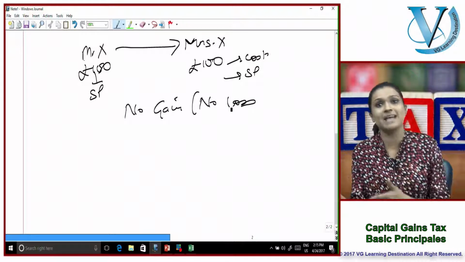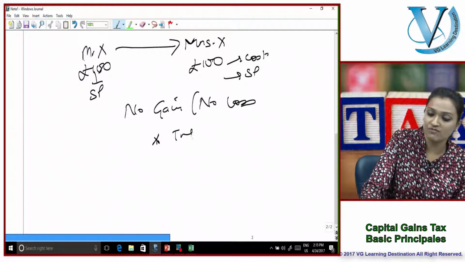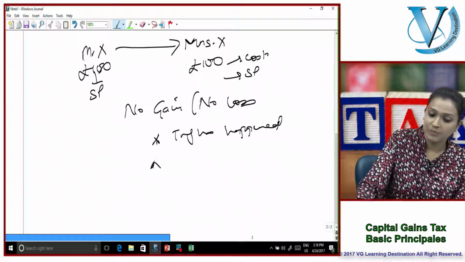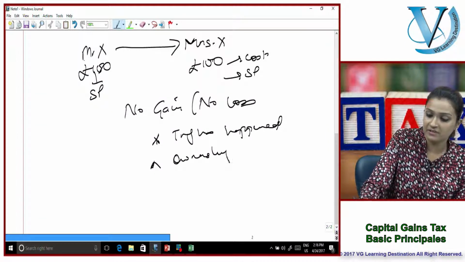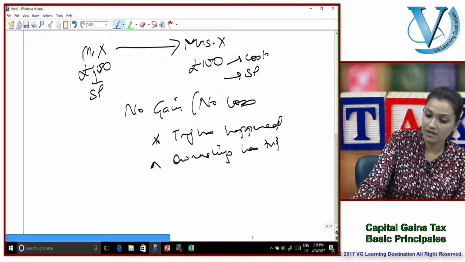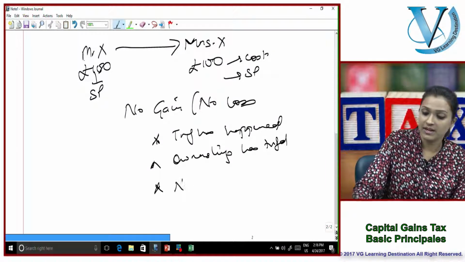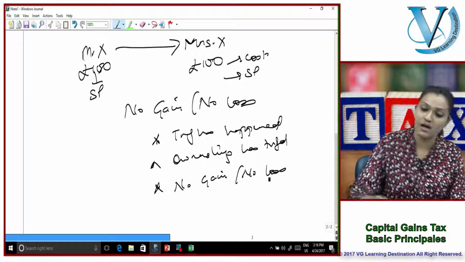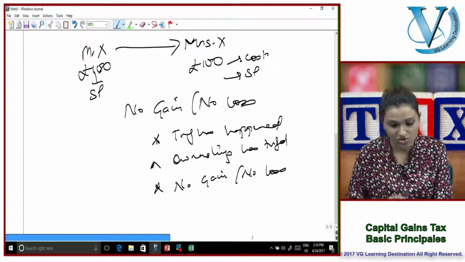The transfer has happened. Ownership has transferred. However, there is no gain, no loss accruing from such a transfer.